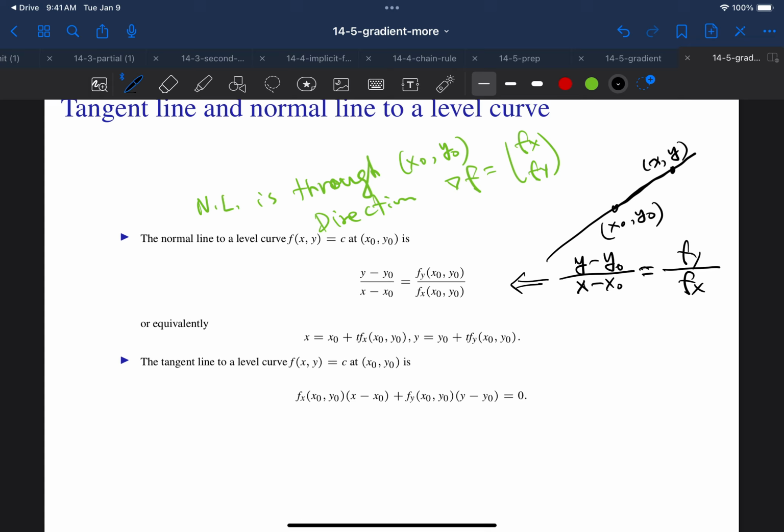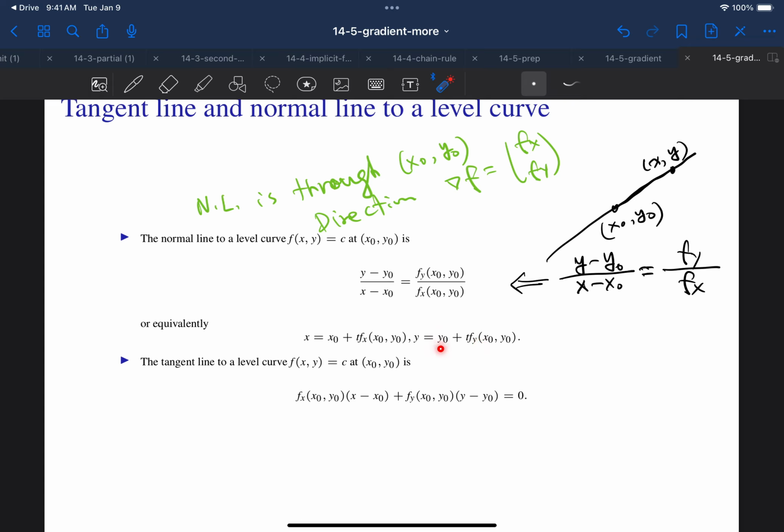Or you can think of it as a parametric curve, which is a little easier to understand. If this is your current point, x0, y0, and you are moving along the gradient f direction, then after time t, the change in x is by the speed fx, and the change in y is by the speed fy.